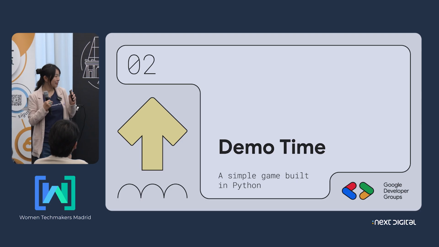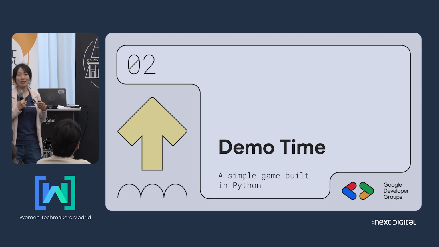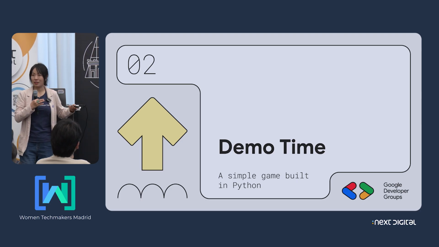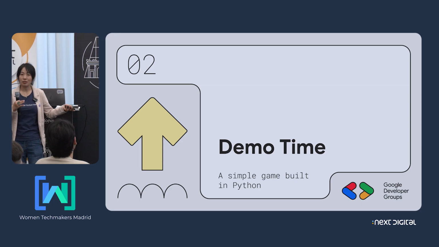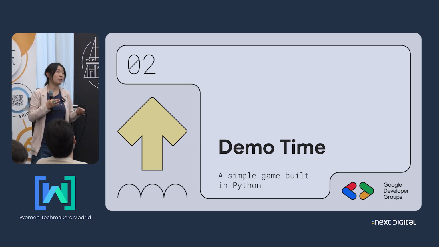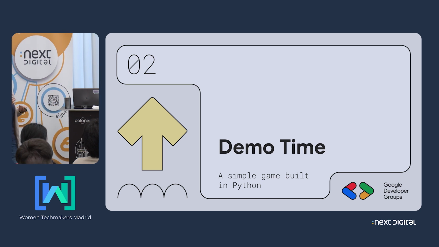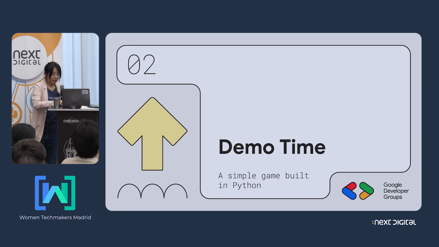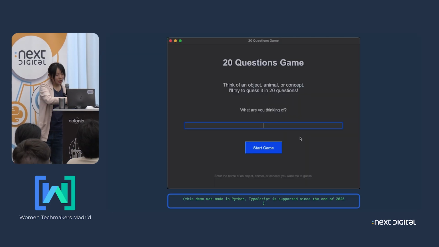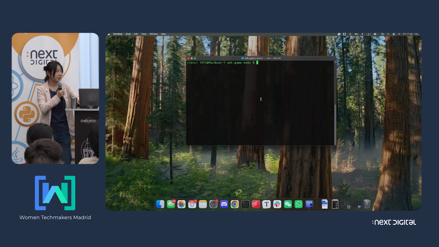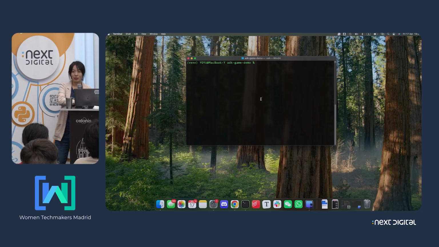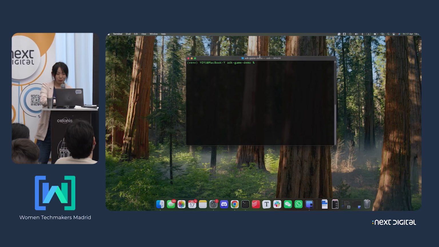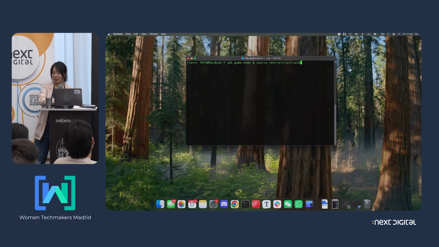So for this reason, the demo is probably a little bit underwhelming in terms of graphics. It's not like Fortnite or Minecraft graphics you would expect, but it has all the necessary components to be a game. By the way, since the end of last year, ADK started to support TypeScript, which is much more useful in terms of building games.